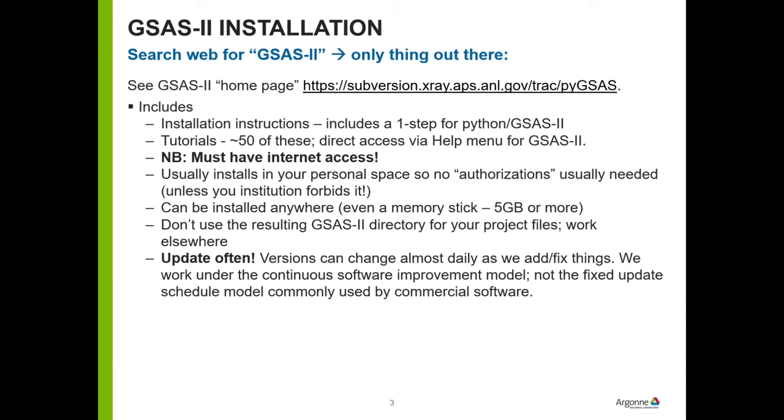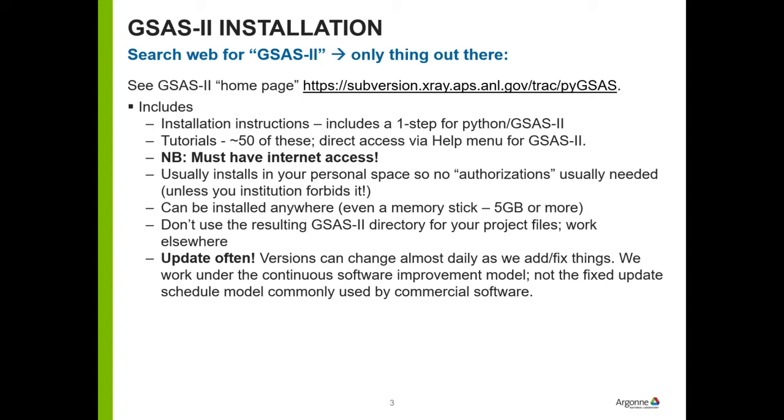What will be installed will be Python, some libraries for Python, and GSAS-II will be a subdirectory in that Python directory. It will install anywhere. It will try to install in your private space, which means you should be able to install it whatever the administrative requirements are, although in some places you can't even do that.